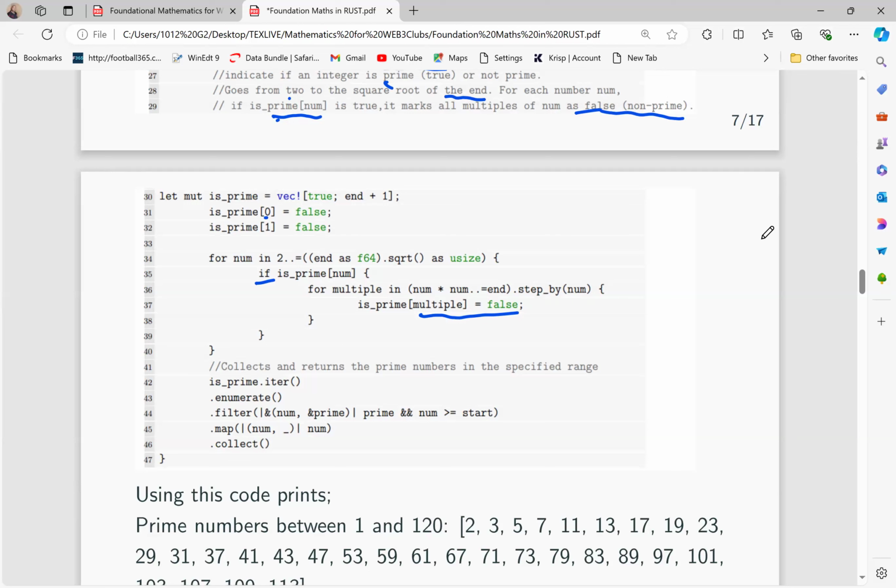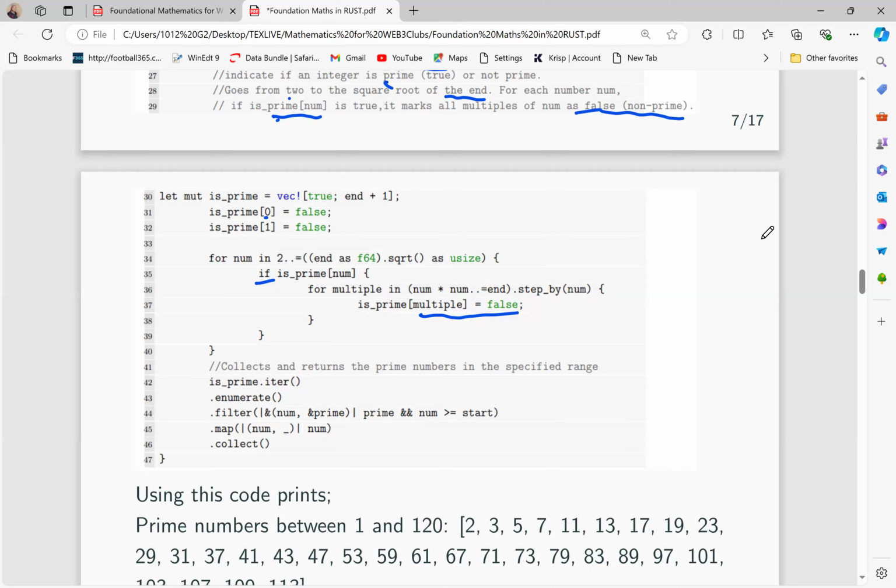So all the even numbers are marked false. Then it comes to 3. 3 is a prime number. Now it will mark the multiples of 3 false. 4 has already been marked false. So it comes to 5.